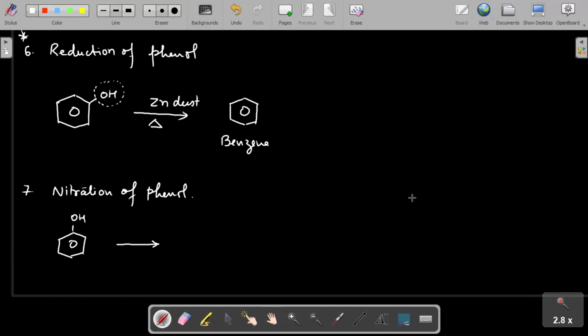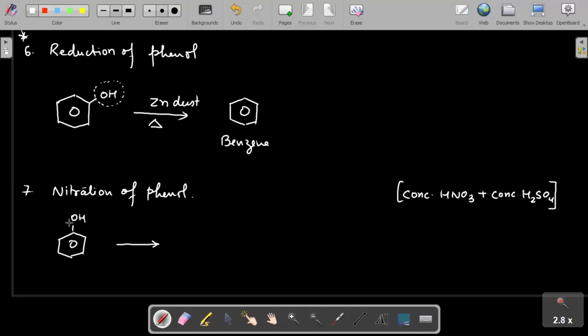For nitration, usually we take concentrated nitric acid HNO3 plus concentrated H2SO4. This is the nitrating agent which we are using for benzene.